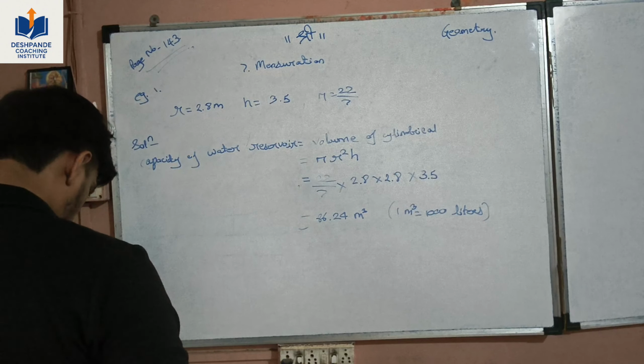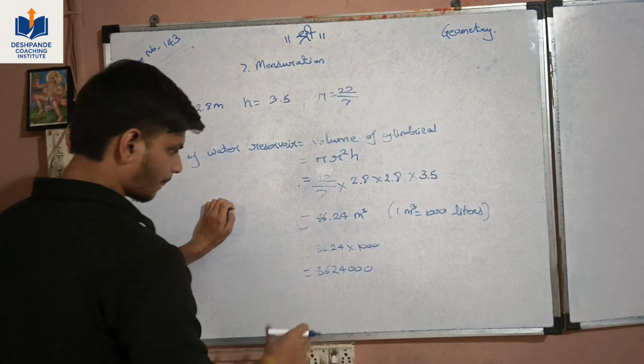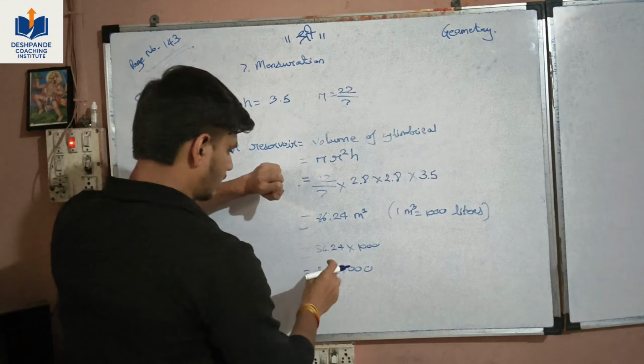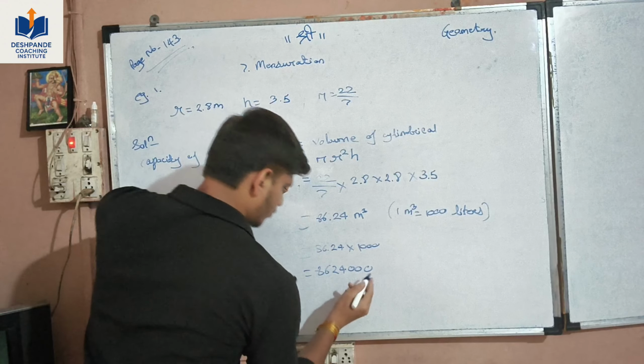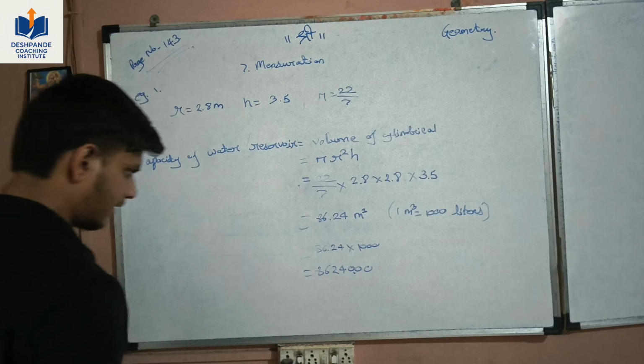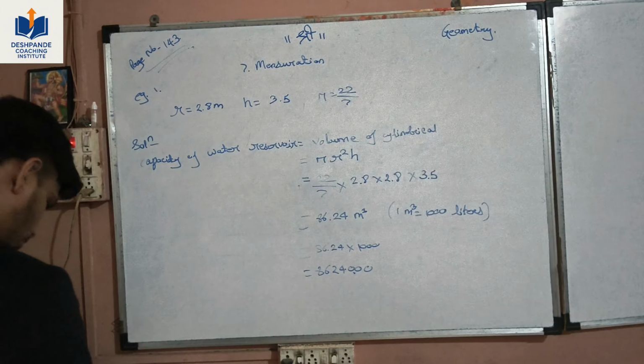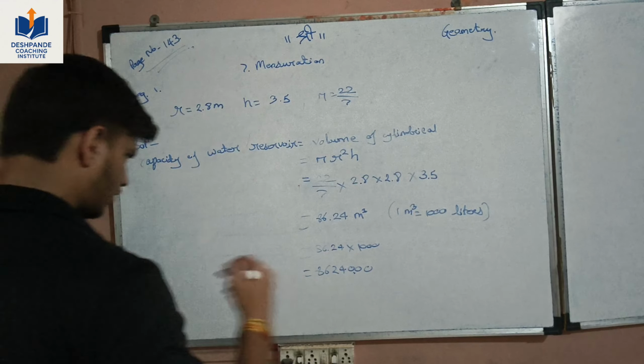So this will be 86.24 into 1000. We write 86 24 and three zeros, and leaving three places we put the decimal point. The answer is 86,240 liters.